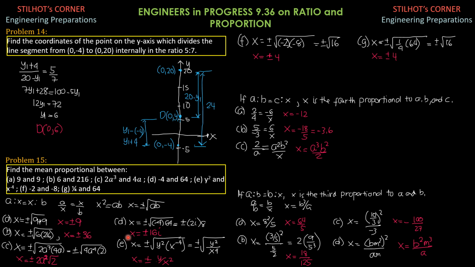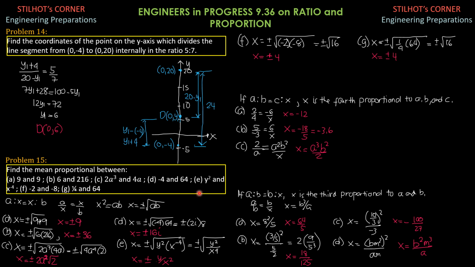Part D, x is plus minus square root of negative 4 times 64. Since negative 4 times 64 is negative, we cannot extract the square root. We have an imaginary root, so therefore plus minus 2i times 8, so that's plus minus 16i.